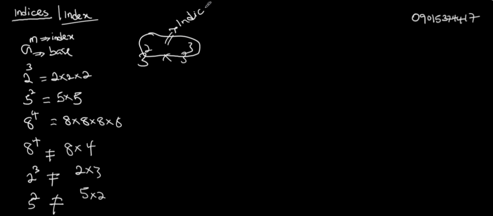Indices. In our next class, we'll be looking at operations involving more than one index that are made for indices. However, you can't perform any operation on indices without fully knowing or understanding the laws of indices. So in our next class, we'll be looking at the laws of indices.